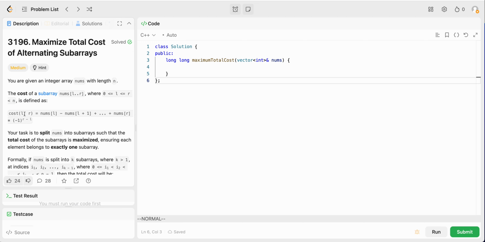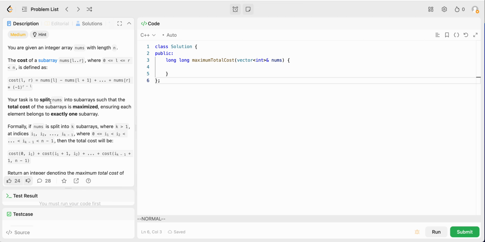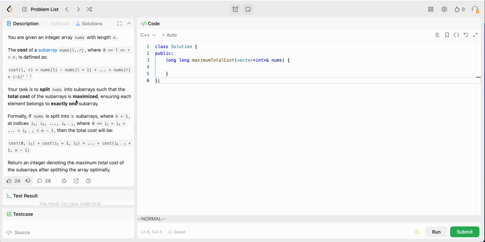For a subarray from L to R, it alternates plus and minus on each number: nums L minus nums L plus 1, then plus nums L plus 2, etc. Our task is to split these numbers into some subarrays so that the total cost is maximized, ensuring each element belongs to exactly one subarray.